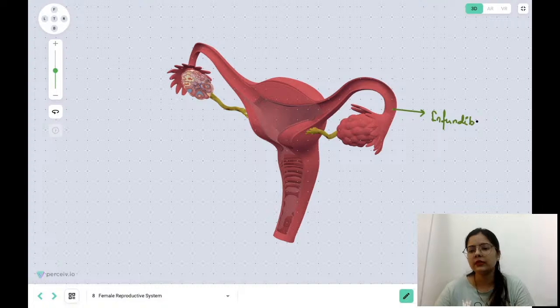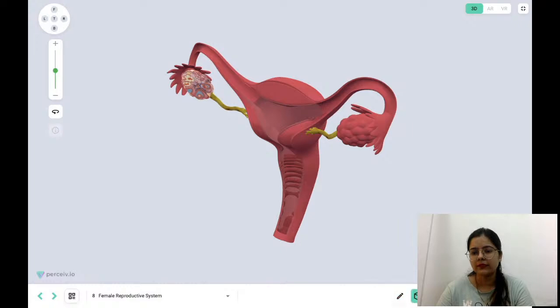Infundibulum basically, if you see the edges, that means this portion which you can see over here, and if we can just slide this one like this. All right, again.